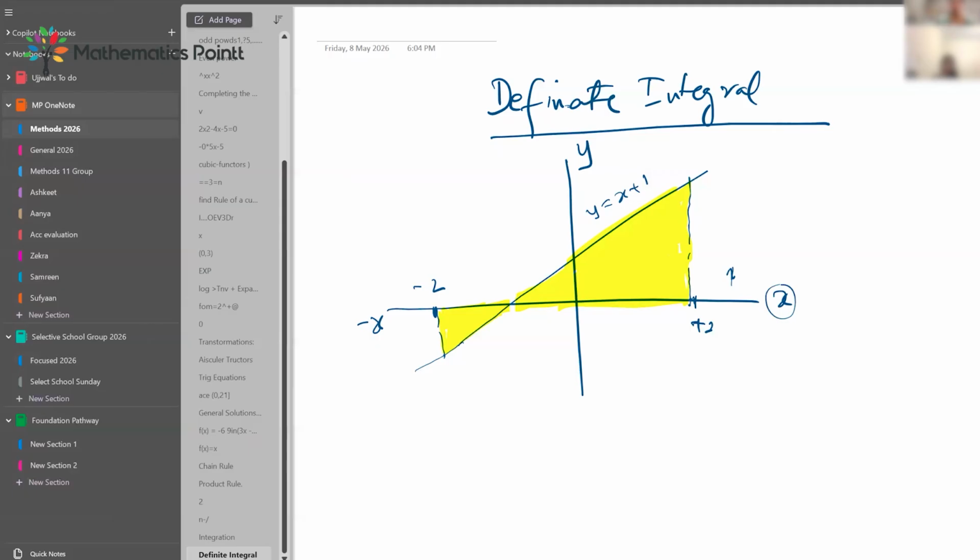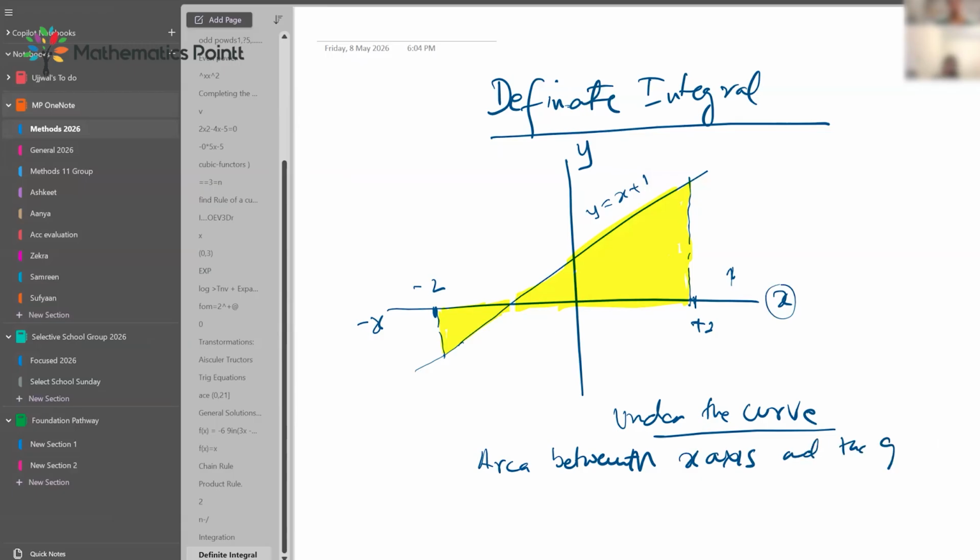Whenever you say area under the curve, it is a very generic term. It means area between the x-axis and the graph. That's about it.